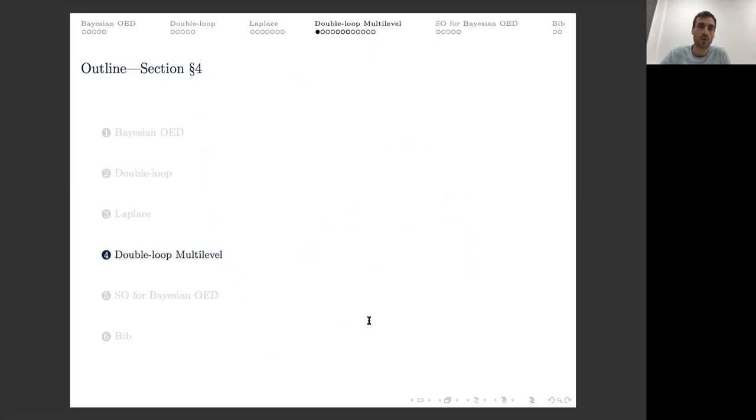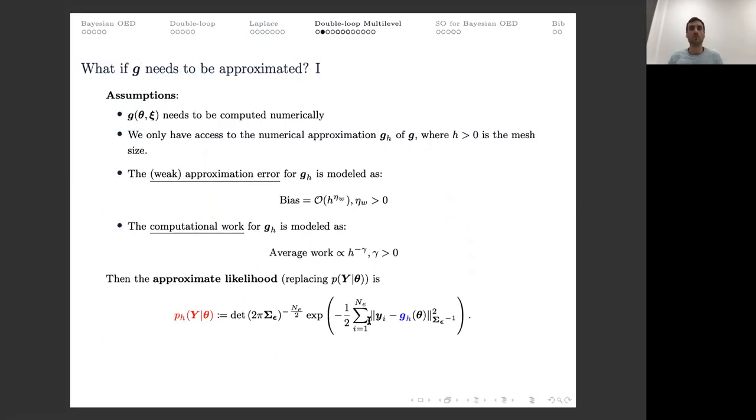So now we enter the double multilevel Monte Carlo. We now assume that the mathematical model G cannot be computed exactly, so we need a numerical discretization for this G. It could be finite differences, finite elements, finite volumes, or spectral elements, whatever you need to solve this problem.